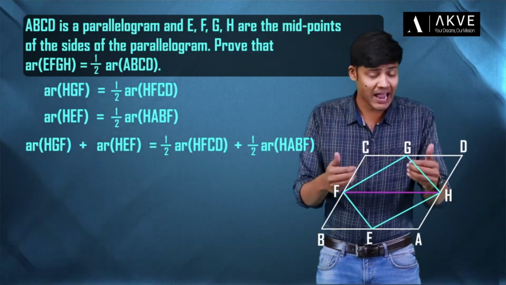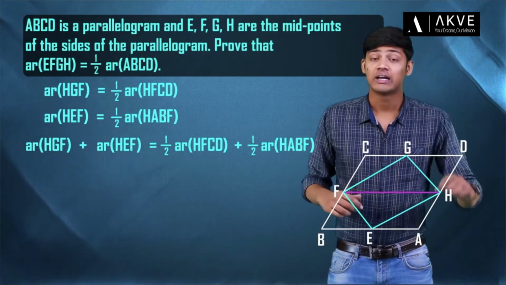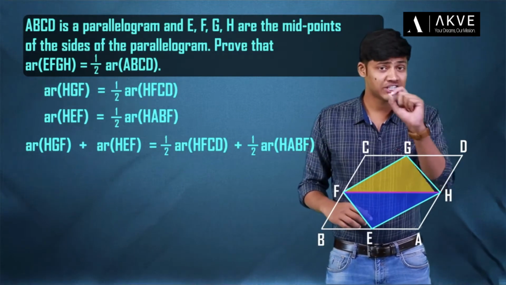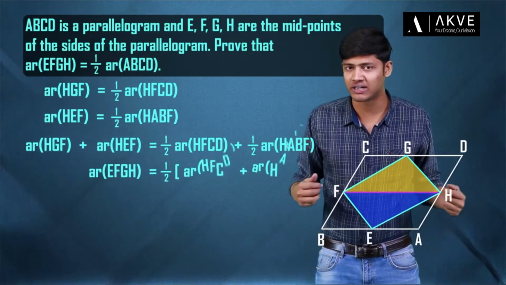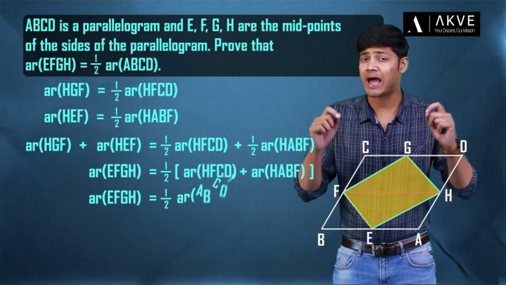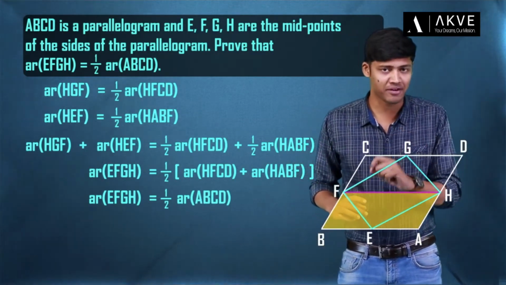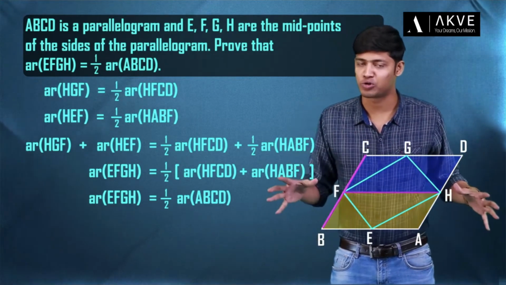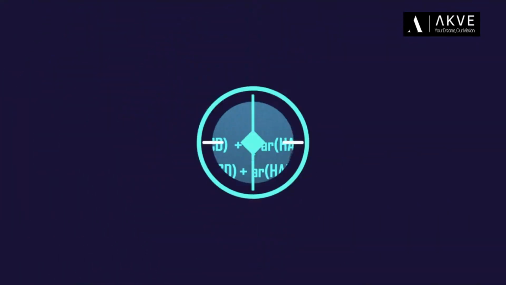Now from the diagram we can clearly see that the triangles HEF and HGF together form the figure EFGH, and the parallelograms HABF and HFCD together form the parallelogram ABCD.